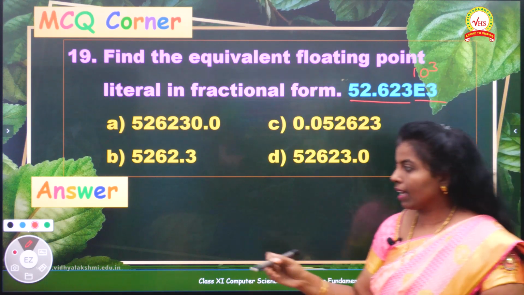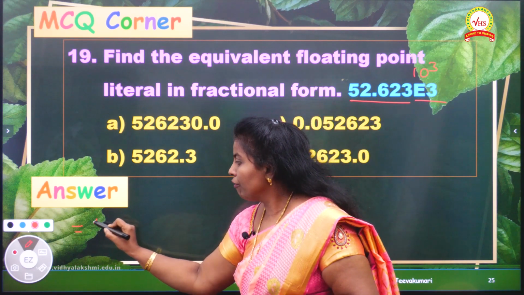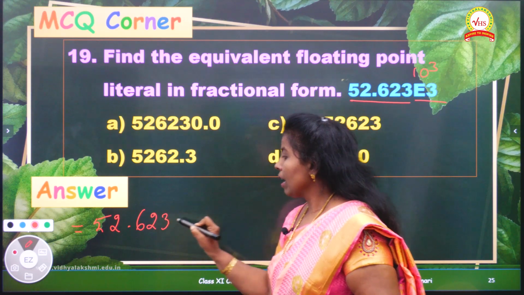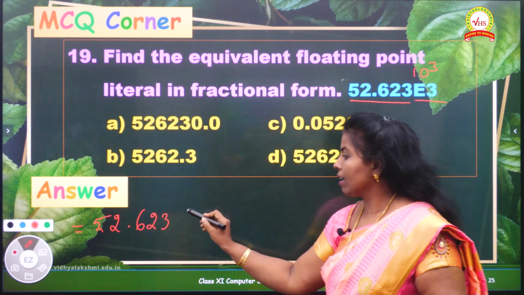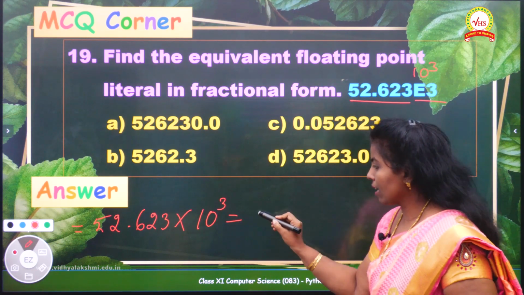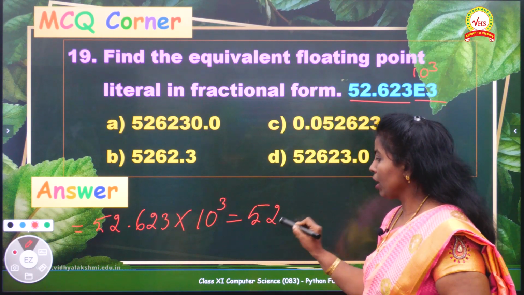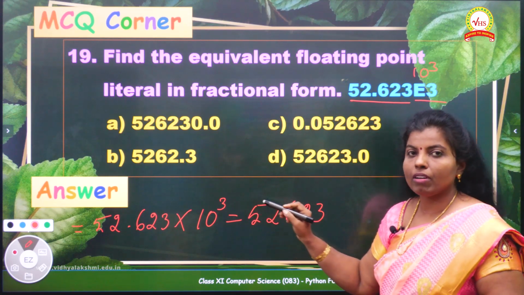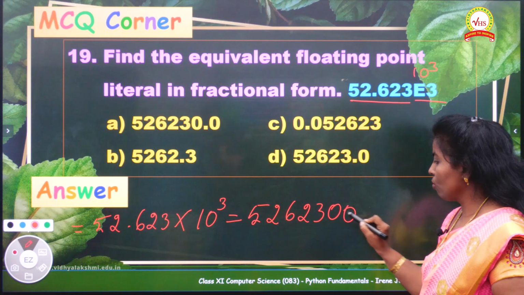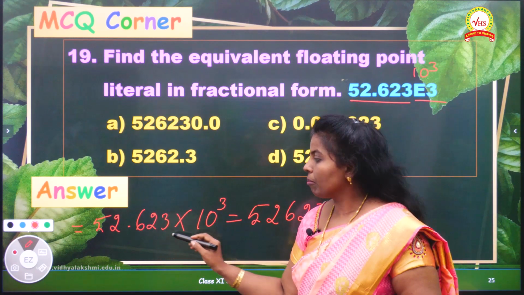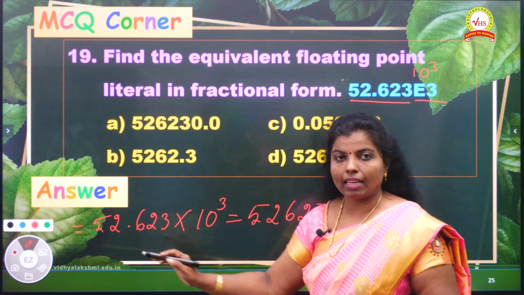Now let us start our calculation. We have 52.623 and we will represent E3 as multiplied by 10 power 3. Let us calculate this. We will be getting 52623 and then for this 10 power 3 we will be adding 3 more zeros. In the original number, the decimal point is before 3 digits from the right-hand side.